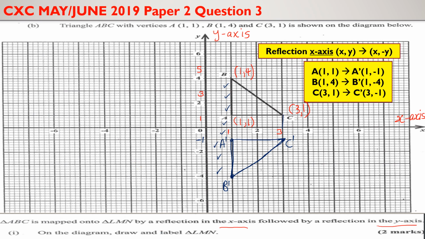It is 1 square away, so 1 square on the opposite side, and we'll name that L. B is 1 square away, so same thing here. That will be our M. And then C is 1, 2, 3 squares away, so 1, 2, 3. So this is going to be our N.